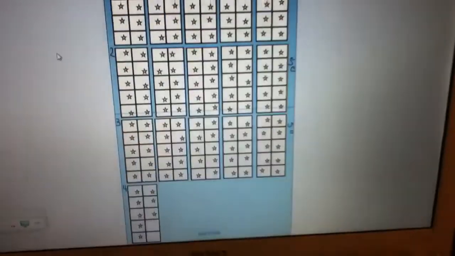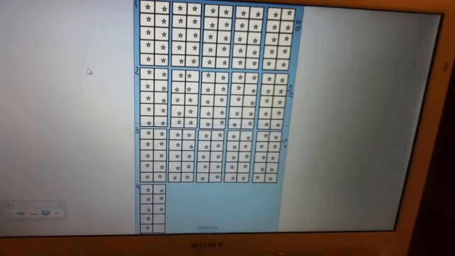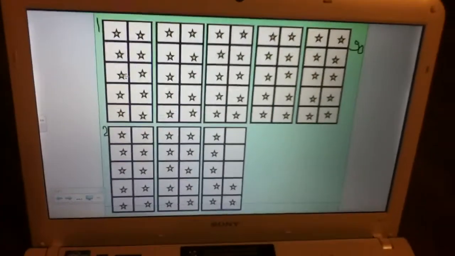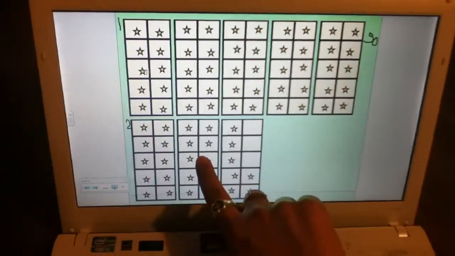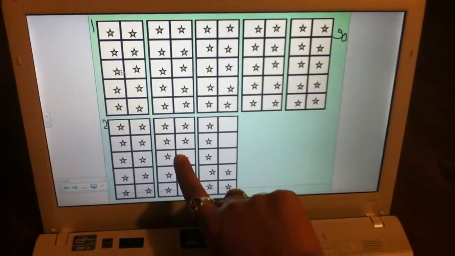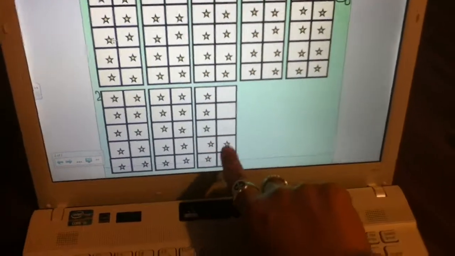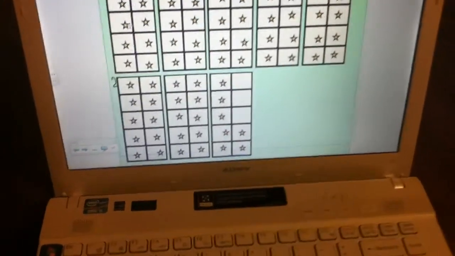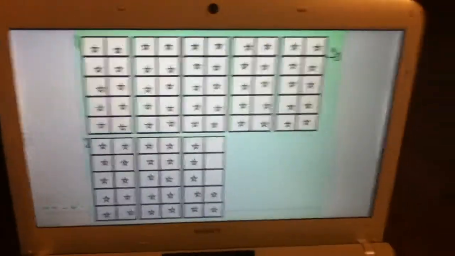158 paper clips. So the word problem said that Taylor acquired 77 more paper clips. So on the green screen, we will see that there are 1, 2, 3, 4, 5, 6, 7 full tens frames, which means that we have 7 groups of 10, which gives us 70, plus 1, 2, 3, 4, 5, 6, 7 individuals, which means that we have 77 paper clips represented here in these tens frames.